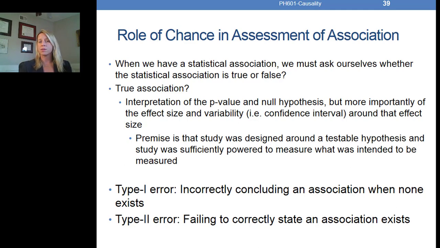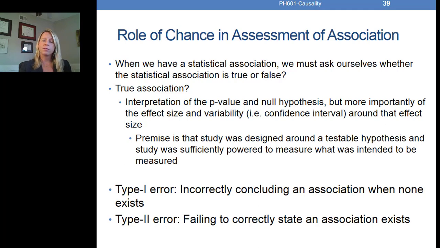So our original hypothesis is probably that risk factor X does not cause disease Y. We collect the data, we calculate a statistical test, and we generate a p-value, and depending on the value of the p-value, we can either decide to reject our null hypothesis that there is not an association, or we can fail to reject.